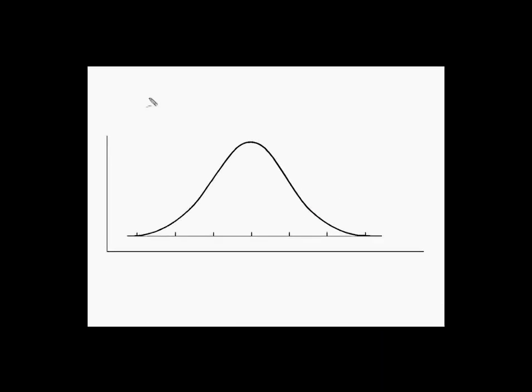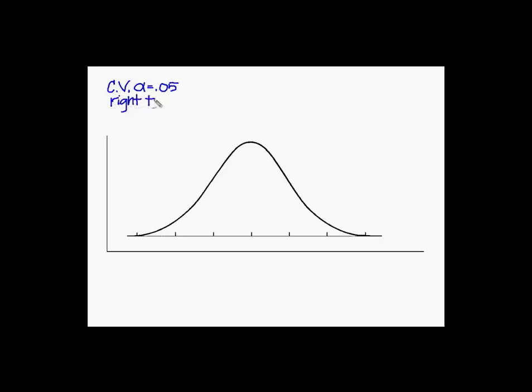Under a critical value approach, I'm going to look at the critical value at alpha equal to 0.05 with a right tail test, right?